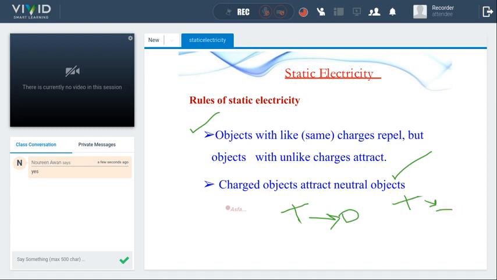So generally charged objects attract the neutral objects, because they cause the unbalance in that neutral object. Like if your comb is positively charged and your hair has no charge, then the negative charges inside the atoms of our hair will get attracted toward this positive charge, and there must be an attraction force between both.